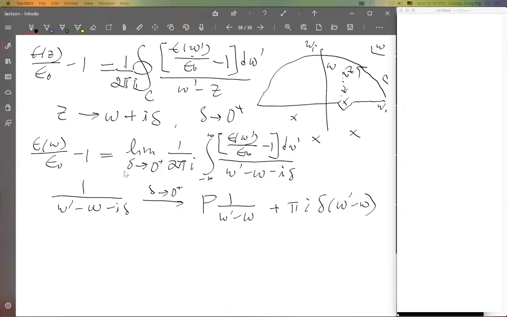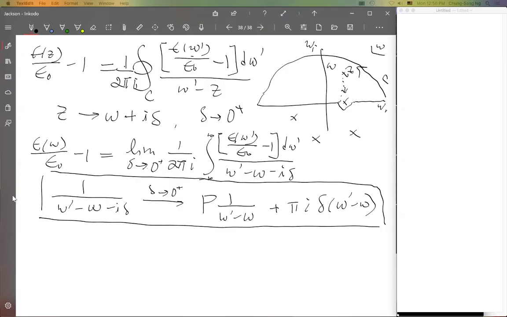I don't know whether you have seen this before. Has anyone seen this relation before? It probably will be used in some other situation like quantum mechanics.